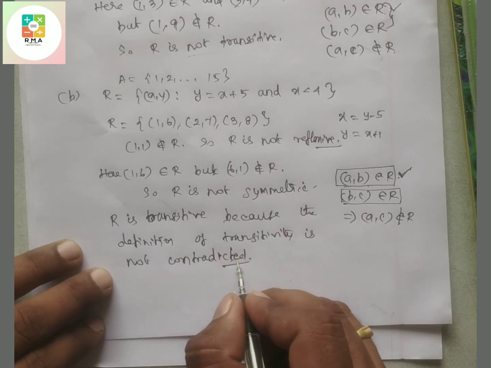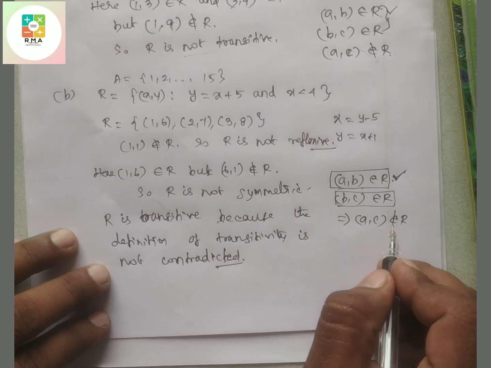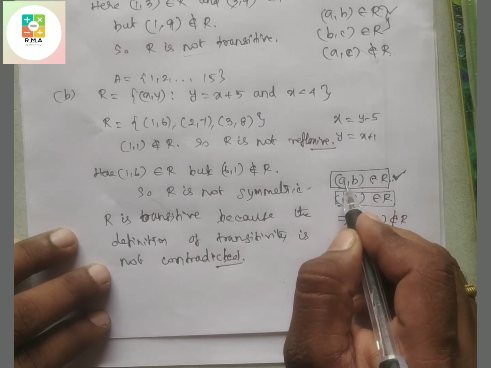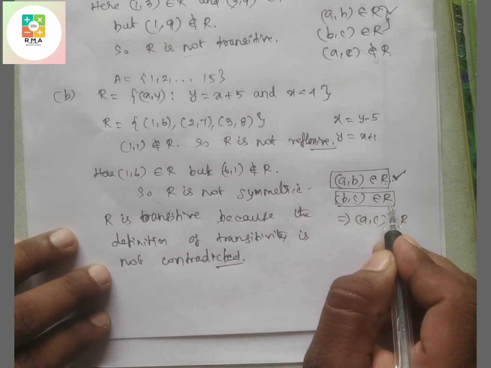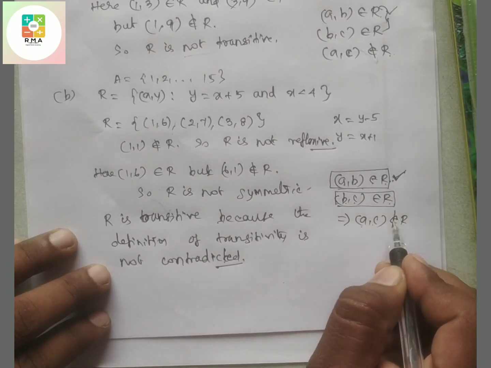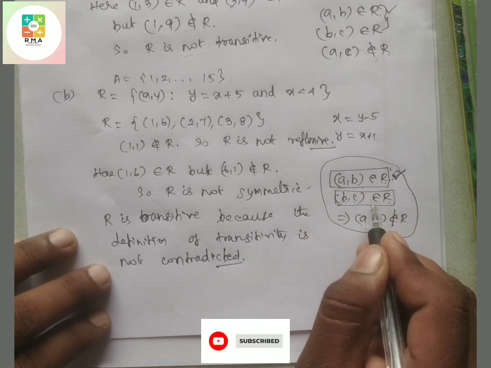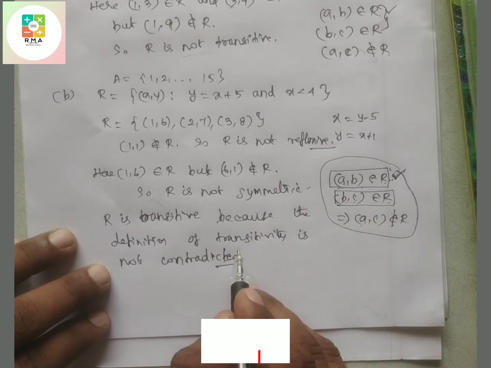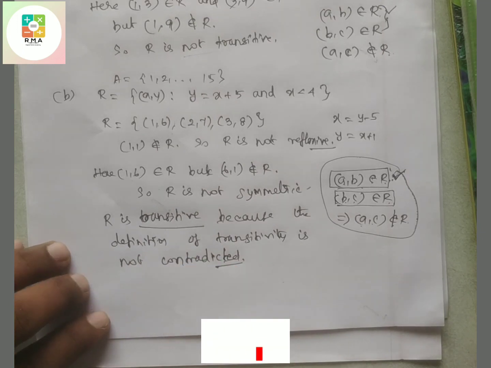What is that, sir? Why is it not contradicted? It would be contradicted if (A, B) were in the relation, (B, C) were in the relation, and (A, C) were not in the relation. If this were true, we could say it is not transitive, but I am unable to prove that it is not transitive. So I can say that it is transitive. Clear? Thank you.